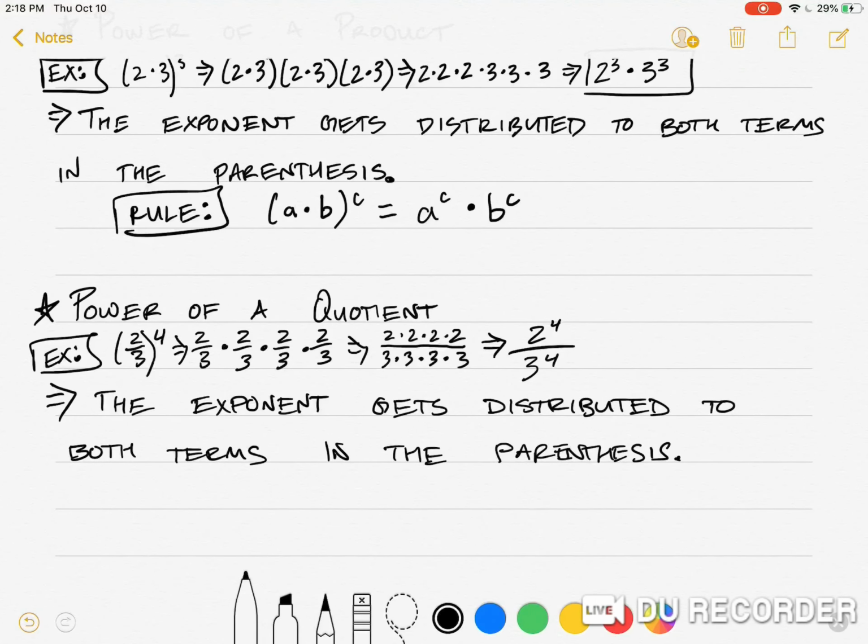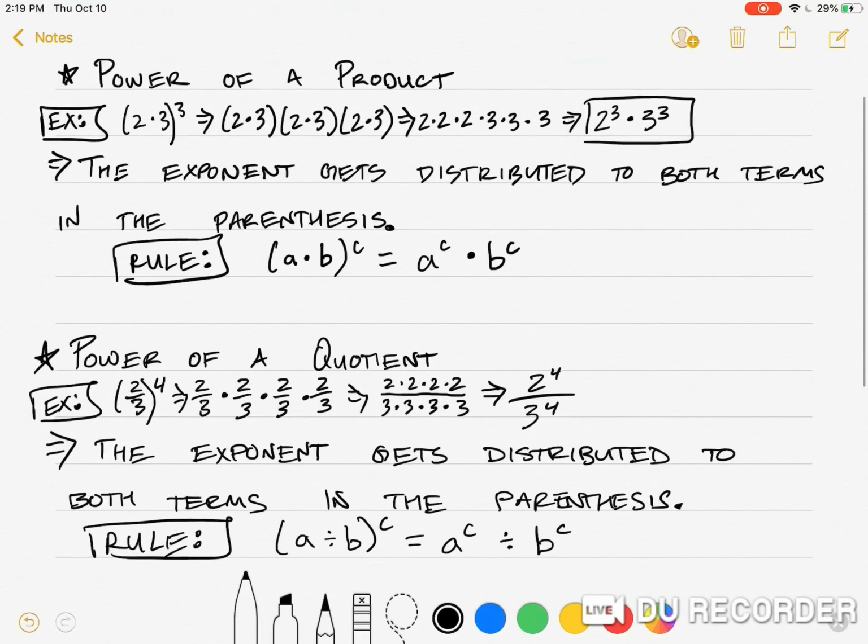So, the rule for this one is if we have A divided by B to the C power, we will get A to the C power divided by B to the C power.